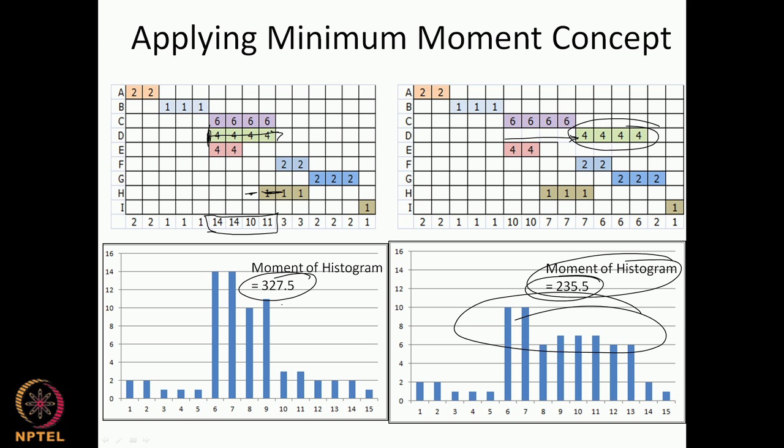So I am just repeating, the concept is to reduce the moment of the histogram in a systematic way, and once we get to the minimum moment, we say that is the best profile, the profile closest to a rectangular profile which we would like to get.